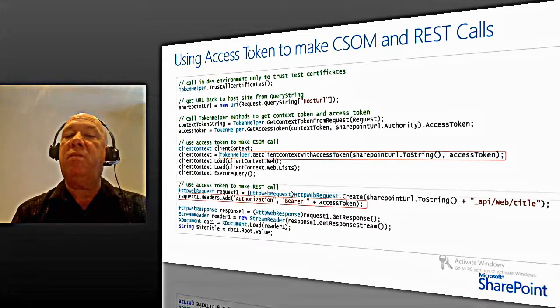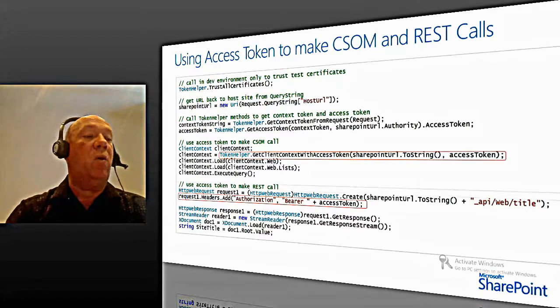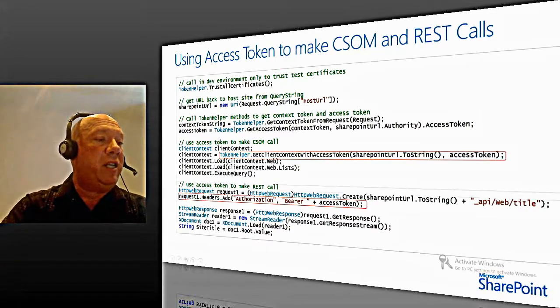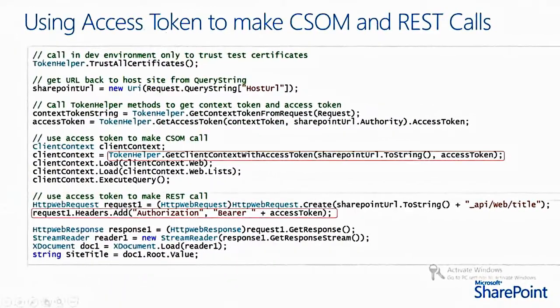The next step is to make a call using the client-side object model or using REST. And you see that information down in here. I'm creating a variable, my client context variable, and then I'm calling TokenHelper.GetClientContextWithAccessToken. I provide my SharePoint URL, which is my host URL, and the access token.